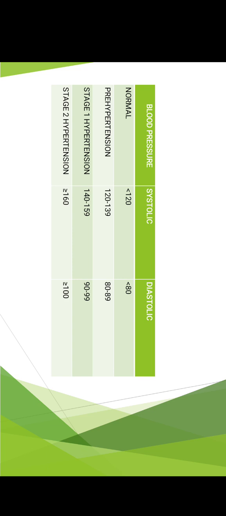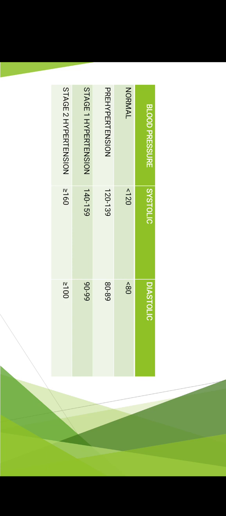And the values are classified as normal, pre-hypertension, stage 1 hypertension, and stage 2. In normal, the systolic will be less than 120 and the diastolic less than 80. In pre-hypertension, the systolic will be 120 to 139 and the diastolic about 80 to 89.